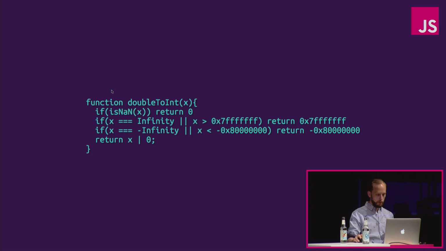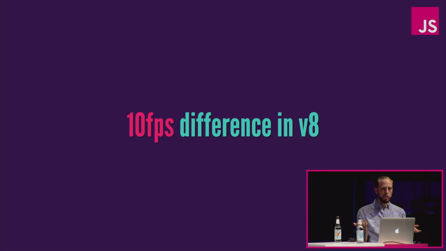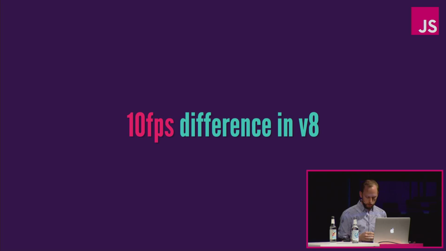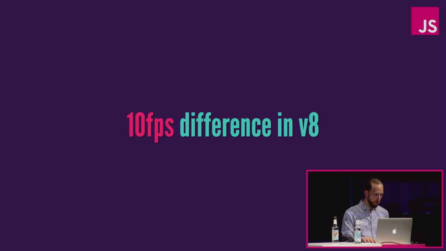But you can already see that this method is a little bit stupid, because infinity is already greater than the maximum integer, and negative infinity is already lower than the minimum integer. So we tried to change this method just a little bit, and all of a sudden, we get a 10 frames per second performance boost in V8. I don't know why this happens, but I guess somebody from the V8 team could explain. And I guess it must have to do with the infinity values, that it treats them a little bit differently, but you never know.